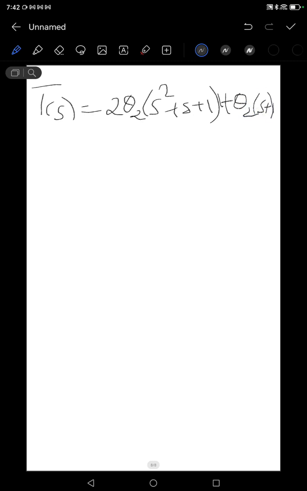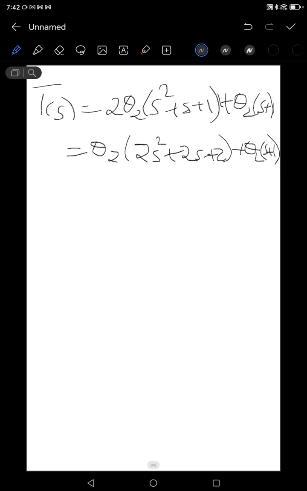And then from here we can start by multiplying both sides by this 2 by S squared plus S plus 1. So we're going to have theta 2 into 2S squared plus 2S plus 2 like this.